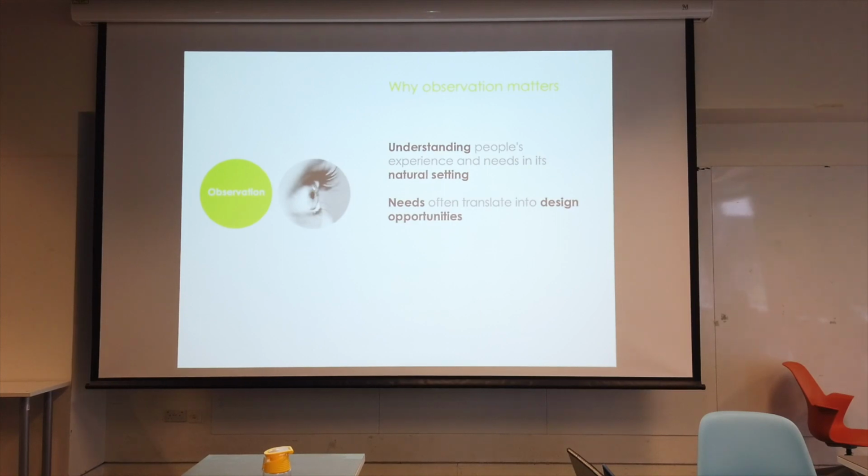The opposite of a natural setting is the laboratory, where everything is set up, so people will perform differently in a set up setting. If you want to observe people performing naturally, you have to go out into the world, into the environment, to do observations.